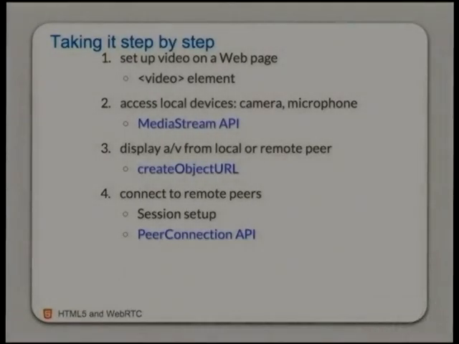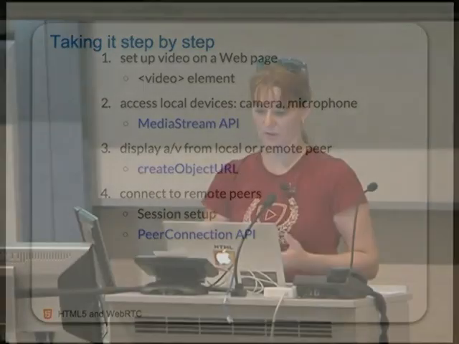So we're taking it step by step today. I'm going to show you the key elements that enable us to do video conferencing on the web. One is the MediaStream API, which allows us to access local devices. I'll assume the first one, creating video elements, because I've talked about that for 3 years now. Everyone is already familiar with it. So the second one is the MediaStream API, getting access to your local camera, your webcam, whatever camera you have locally, your microphone.